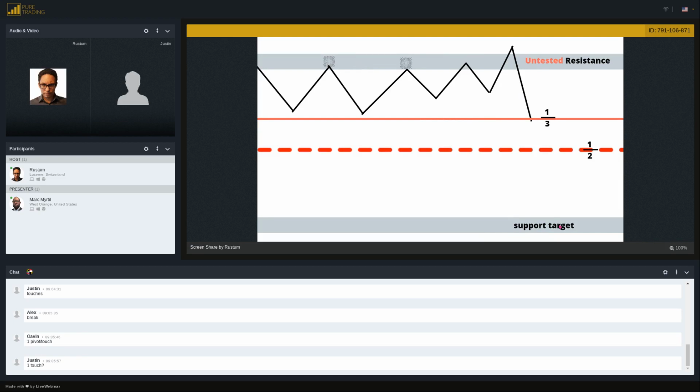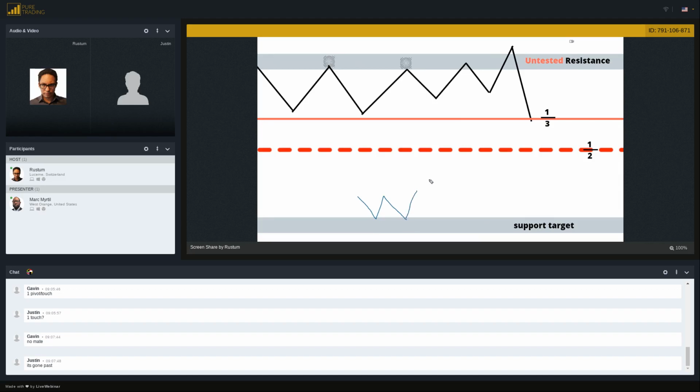Do you understand what I mean with untested resistance and untested support? Okay, so here prices are, say, for instance, prices has come down once and then it's come down twice.